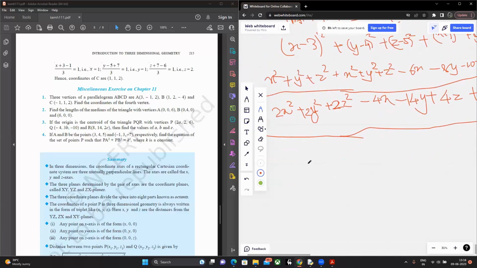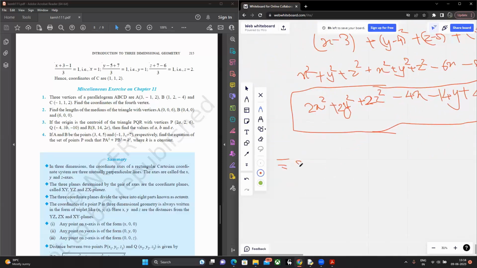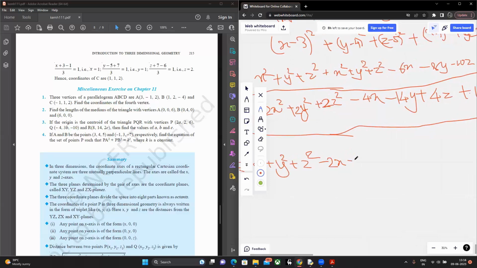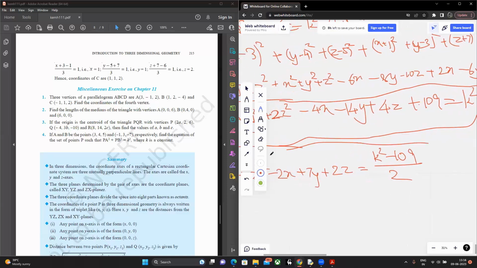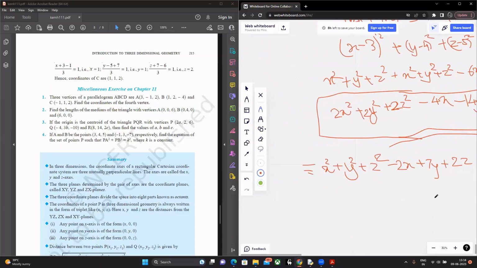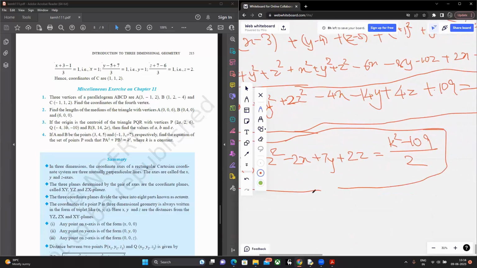This basically is equivalent to x squared plus y squared plus z squared minus 2x plus 7y plus 2z, right? Is equal to k squared minus 109 divided by 2, right? And that is one of the other forms of the required locus.